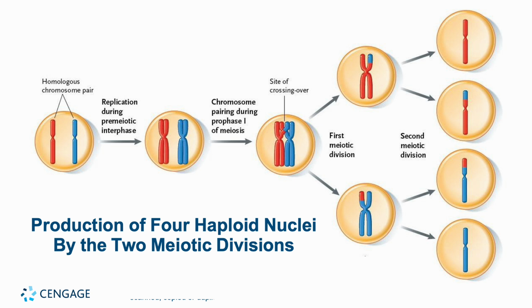Aside from having two cell divisions, meiosis also has this event which we call crossing over. So later, madidiscuss natin kung ano ba yung nangyayari during crossing over. And then, aside from that, sa meiosis, nababago din yung chromosome number natin. Na-discuss natin again na yung gametes natin has half the number of chromosomes a somatic or a body cell has.